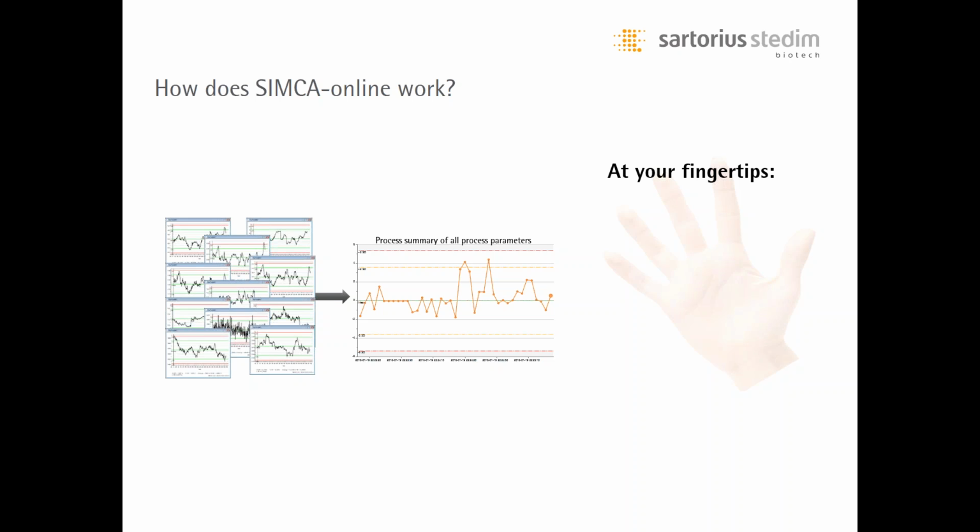And also for many other applications, utilizing correlations between variables as a part of this monitoring system is a great advantage. So with this at our fingertips, we will have functionalities like remote monitoring.